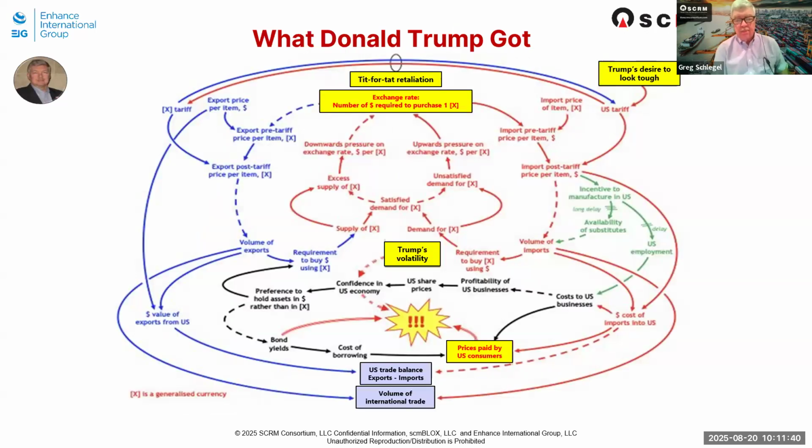Here's what Donald Trump got. At 12 o'clock, what did he get? Immediately, he got tit for tat retaliation by all the entities that he spoke to. Again, if you look at the top right, Trump's desire to look tough and utilize what he is comfortable with from the Art of the Deal book, this is truly a picture image of stimulus response.